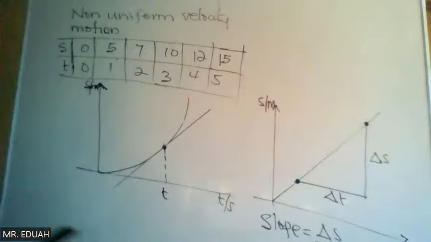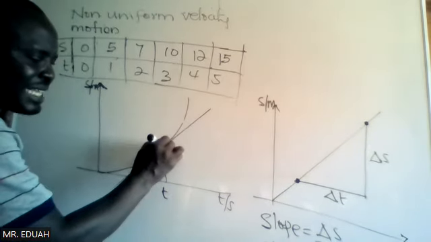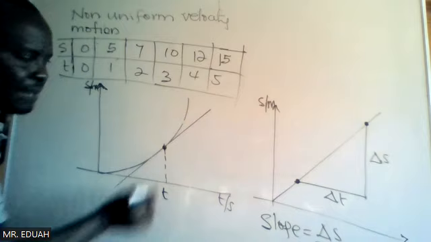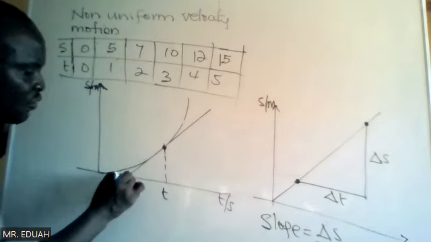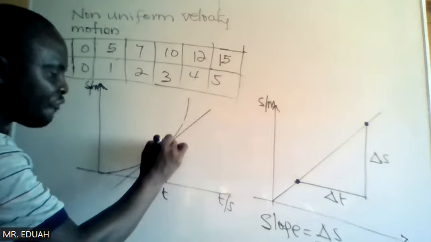All right. So, because this is non-uniform, you can only pick a time t equal to something and draw a tangent to find the slope.